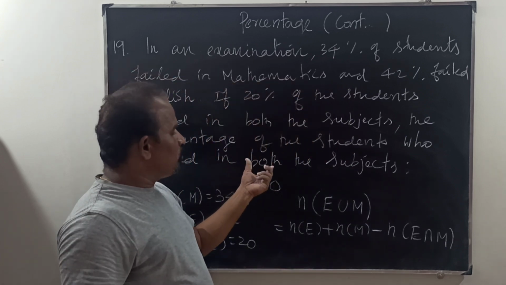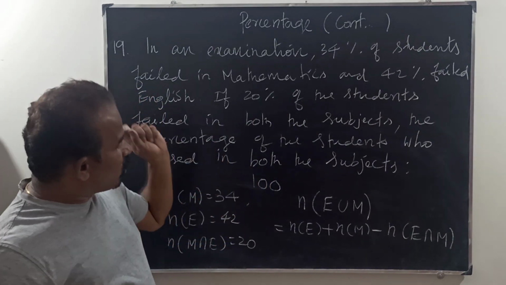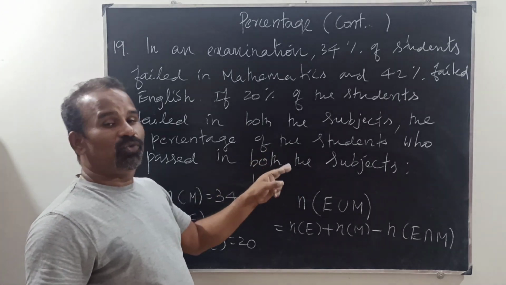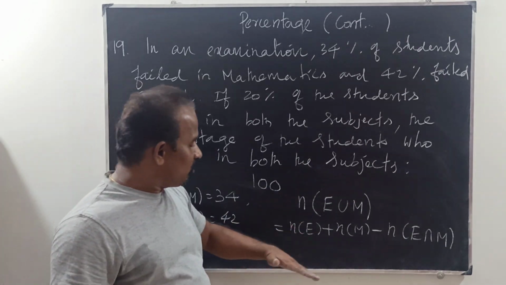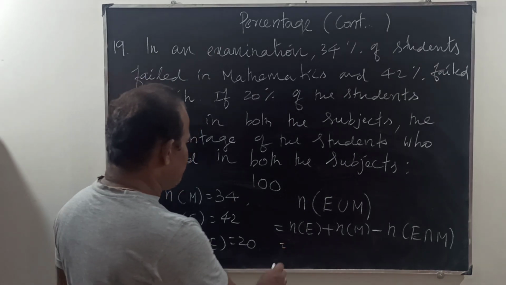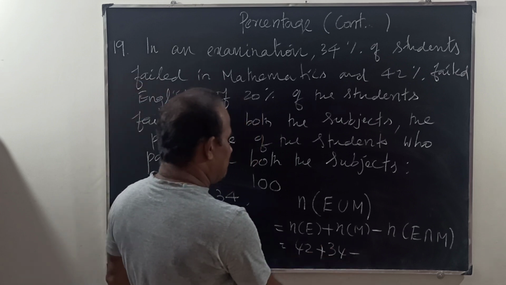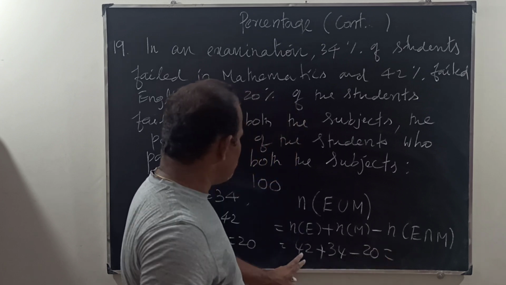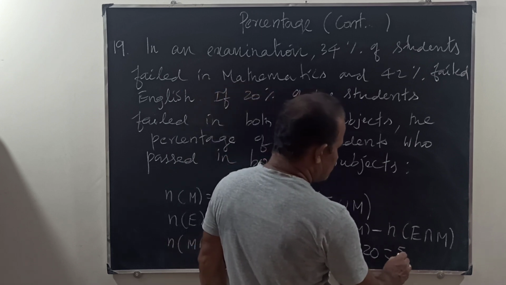Passed in both the subjects means that particular student should have passed mathematics and English. If he fails in at least one subject, he will not be counted. Understood? So N of E is 42 plus N of M is 34 minus N of E intersection M is 20. This is 76 minus 20, which is 56.